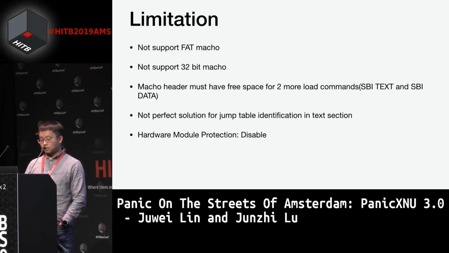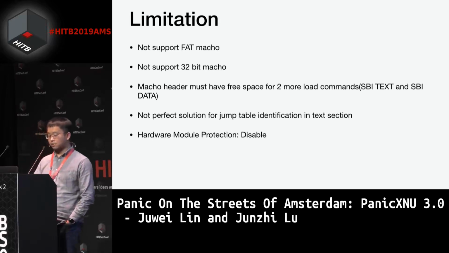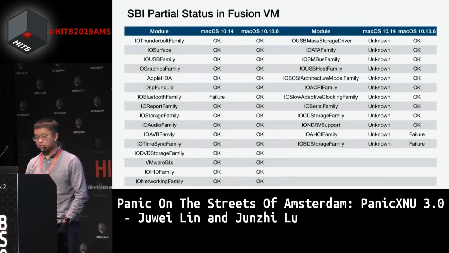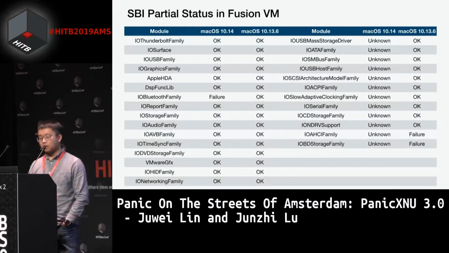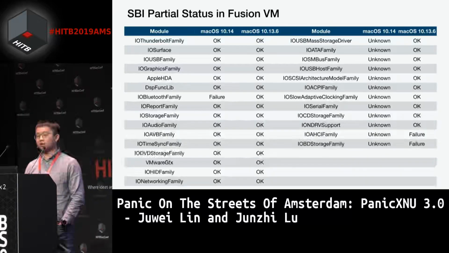And the jump table identification is not a perfect solution, but it works well. Let's see a result for the current status of our SBI. Almost all the modules we have the API patterns for can work well now.